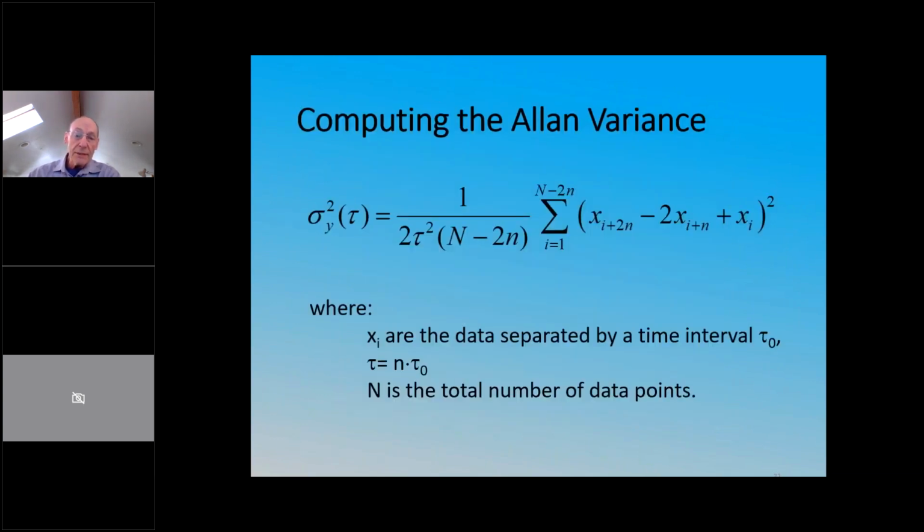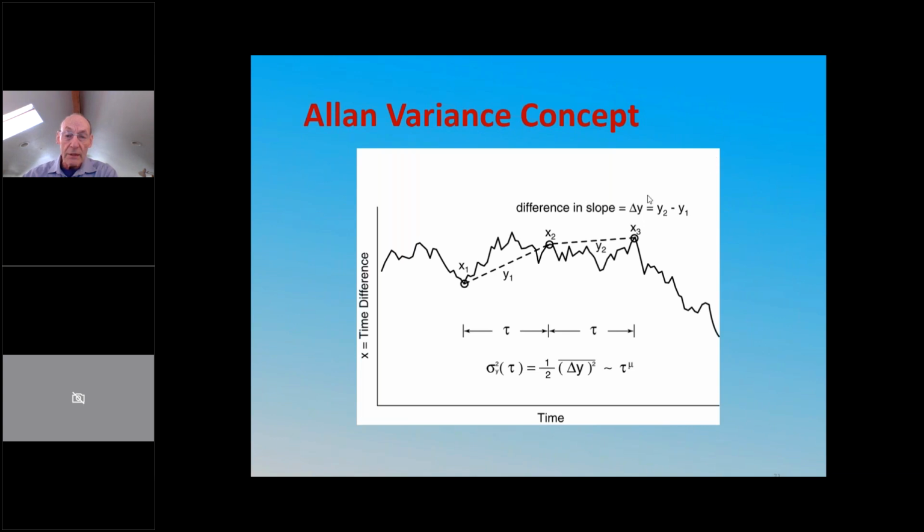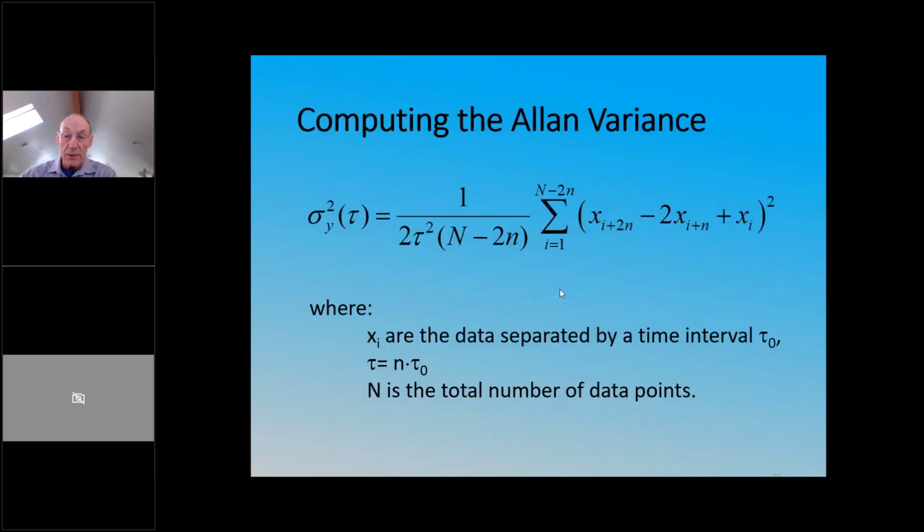So here's how you can compute it using the time data. If we go back here, you notice that the difference between these frequencies is the second difference of time. (x3 minus x2) minus (x2 minus x1), divided by tau, is exactly what we've got here.